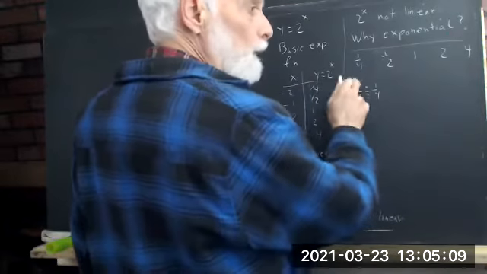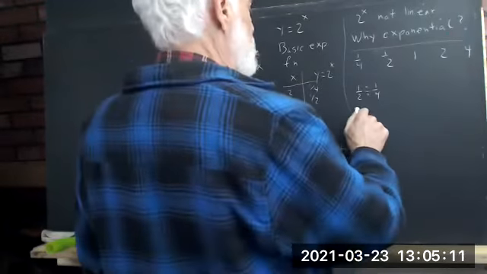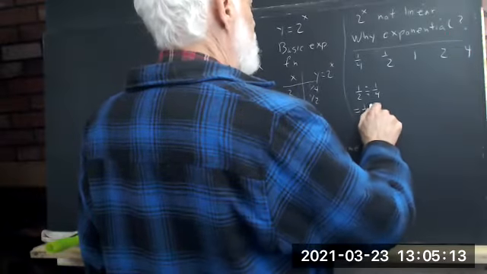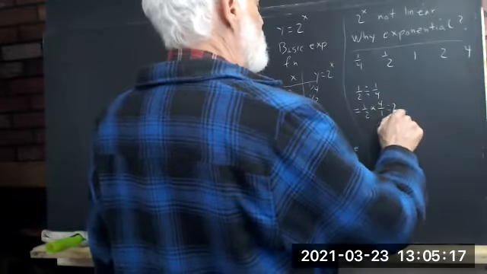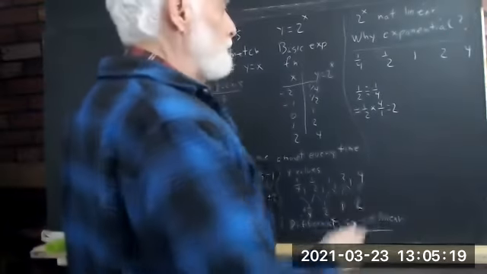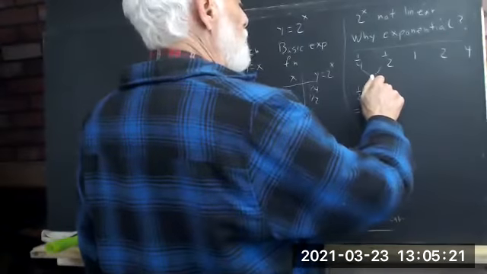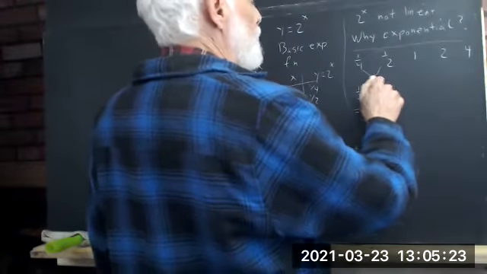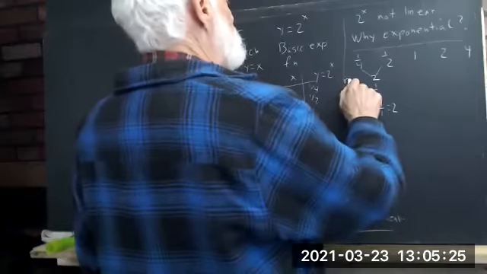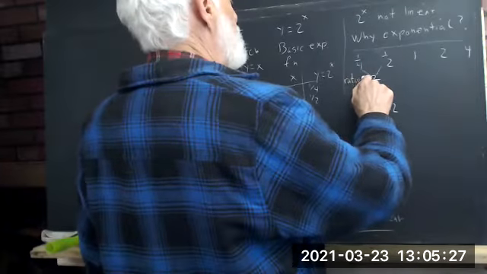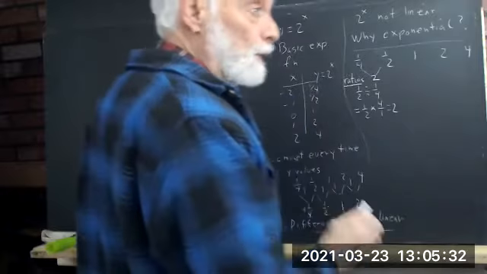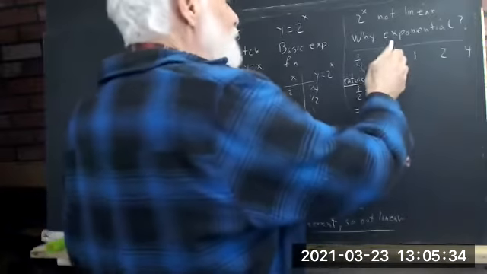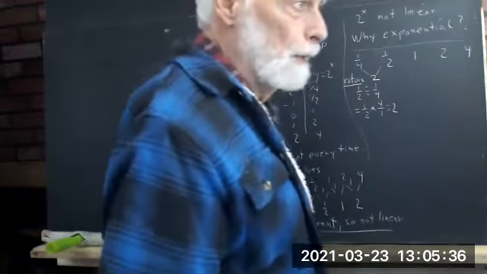If we take 1/2 and divide it by 1/4, this equals 1/2 times 4/1, which equals 2. So looking at ratios of these numbers, which is just one number divided by the one before it, okay? The ratio is 2.